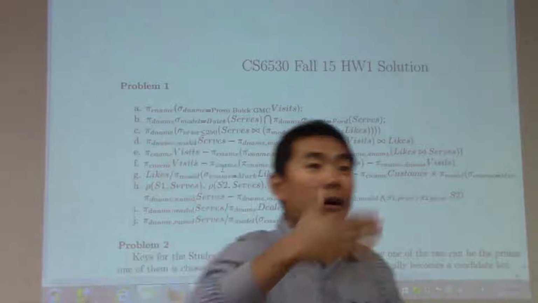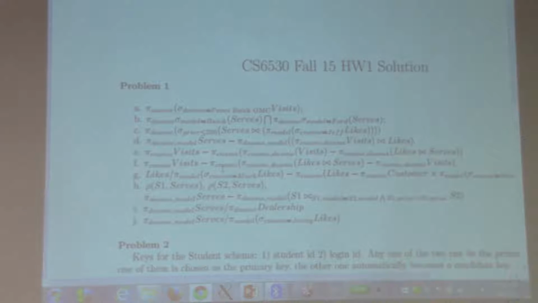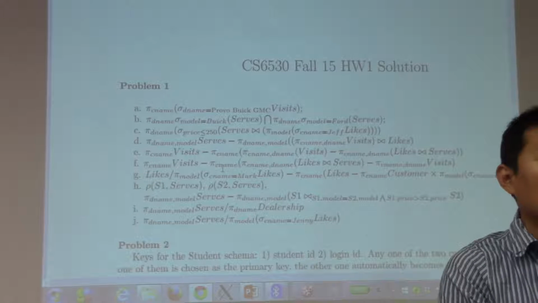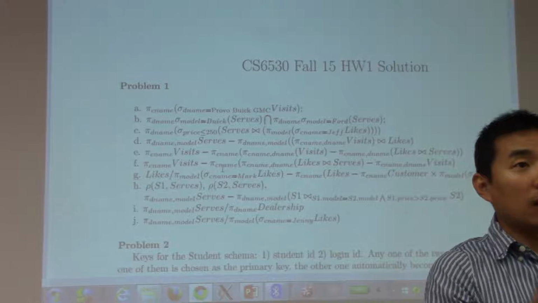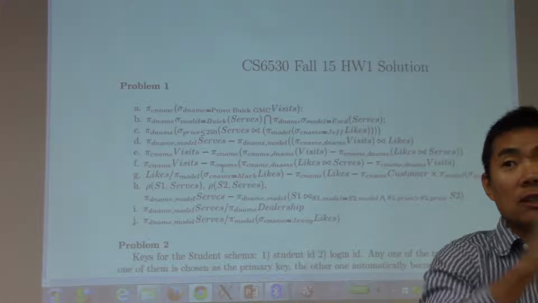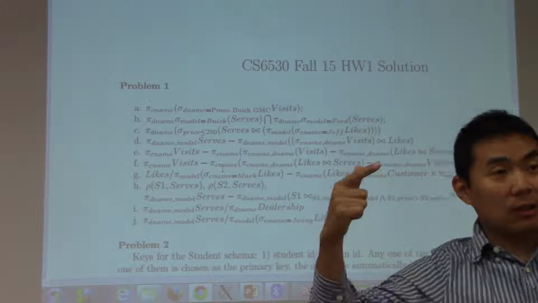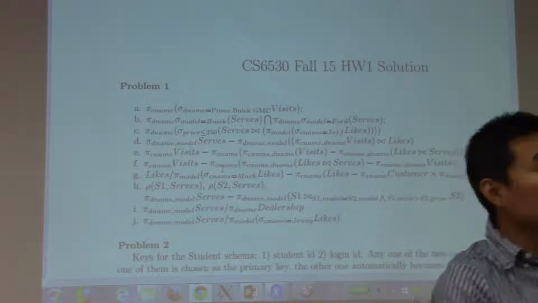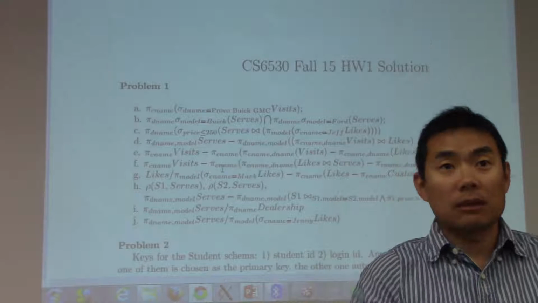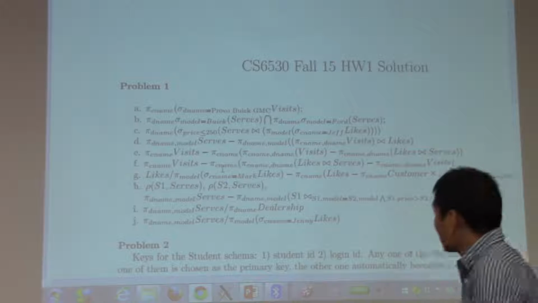It doesn't have to be liked by all the customers who visited that dealership, just at least one of the customers who has visited that dealership and liked that particular model. I want to find all such combinations, the dealer name and the model, such that the model is liked by at least one of the customers who has actually visited that dealer. And that's the combination I'm getting here.